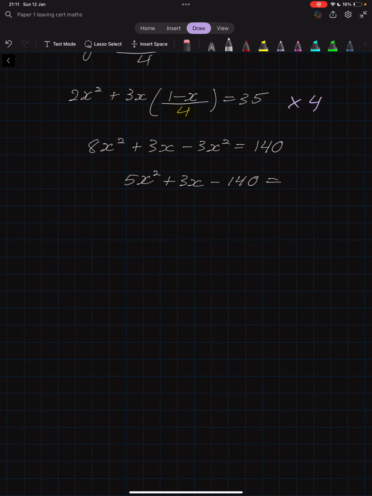Okay, now, does this factorize? I don't know. Okay, I think it does. Yes, it does. The only reason I'm factorizing this is just to show you how it can be done.